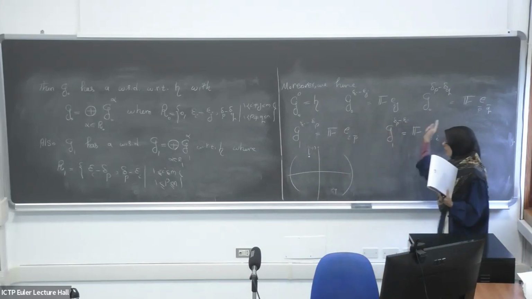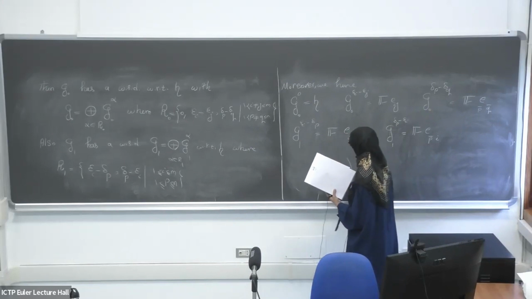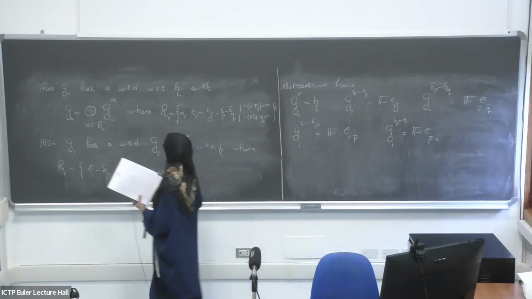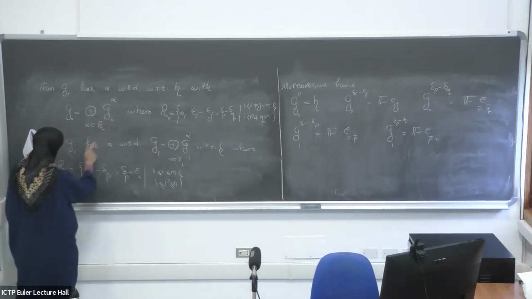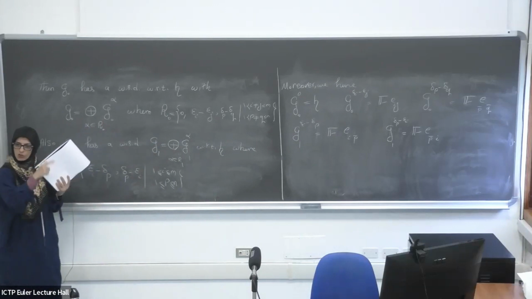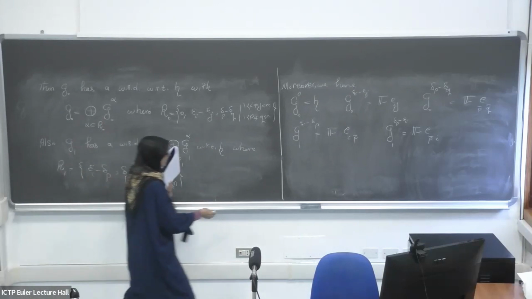And so we have this decomposition. G0 has a decomposition, G1 has this decomposition, and G is G0 direct sum G1, so G has a decomposition.